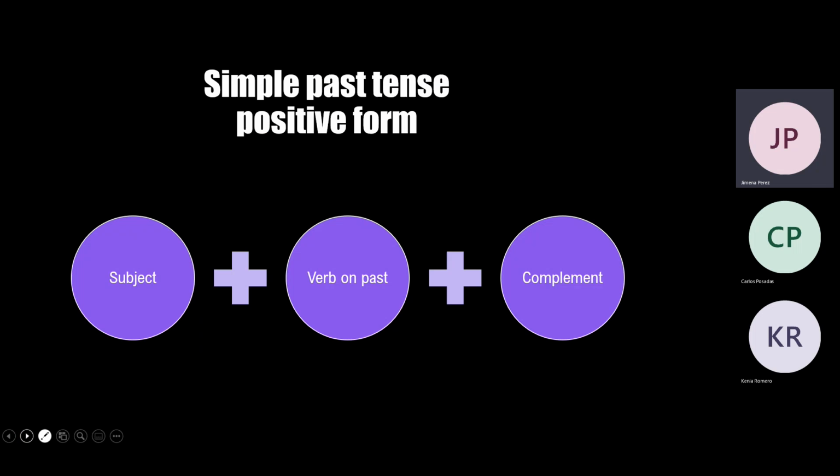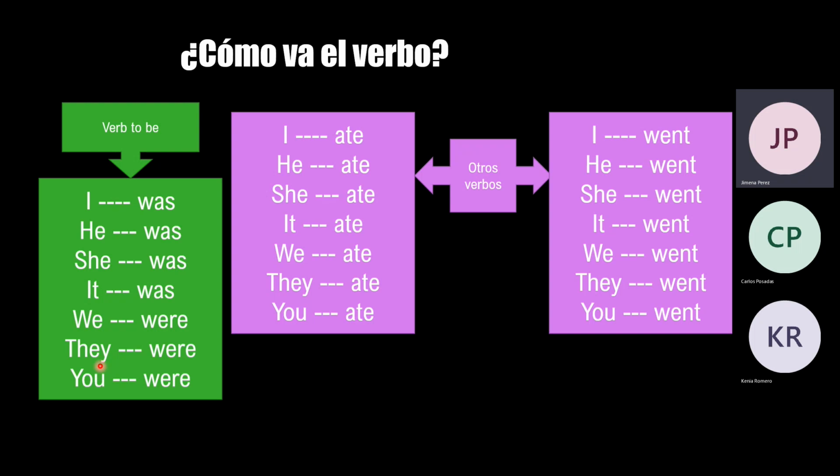This is the structure, the positive form. Remember: subject, verb in past, and the complement. The next structure, the questions. With the verb to be, you know we have two options, was or were. And we have other verbs, and some verbs are regular and others are irregular.